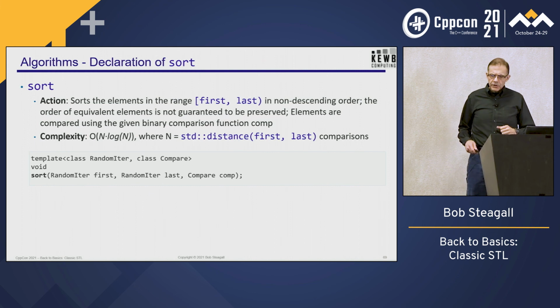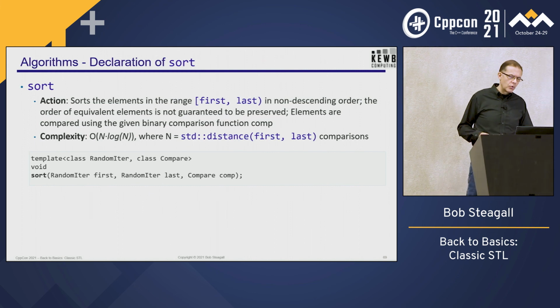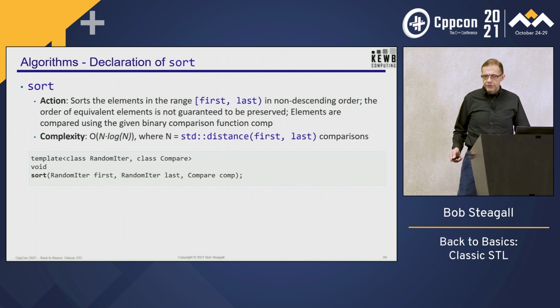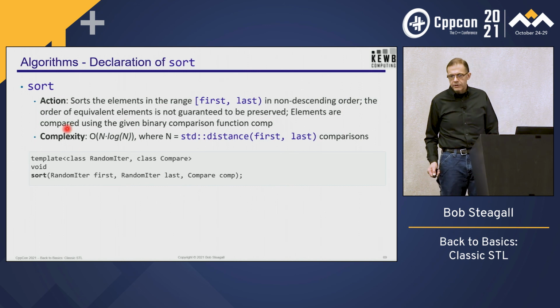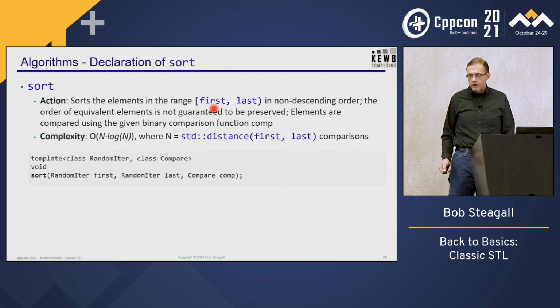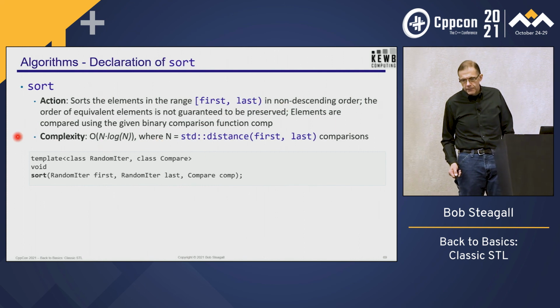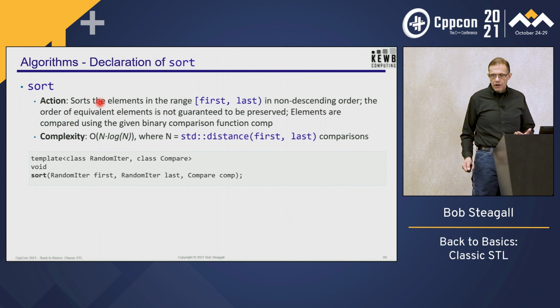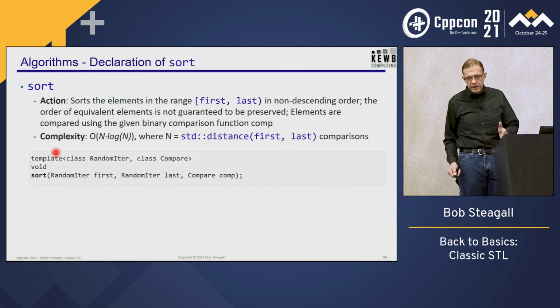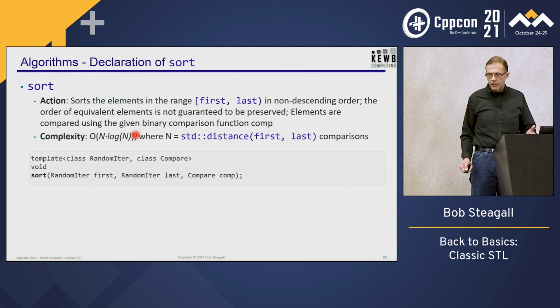If you read CppReference.com or you read through the standard, it will tell you what sort does. So here we've got our half-open iterator range. And it will sort things in non-descending order, meaning that for any given element, it's guaranteed not to be less than the element that precedes it.